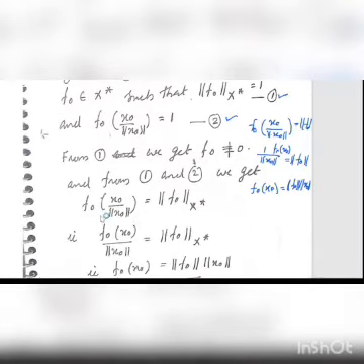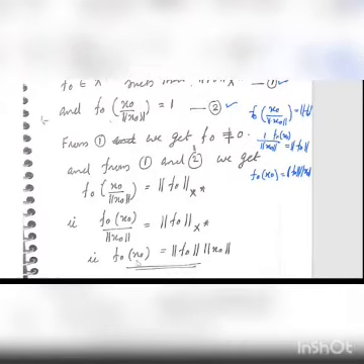So from 1 and 2 we get f naught of x naught by norm of x naught equal to the norm of f naught with respect to x star. That is, f naught of x naught equals norm of f naught into norm of x naught. So we have proved this corollary also.